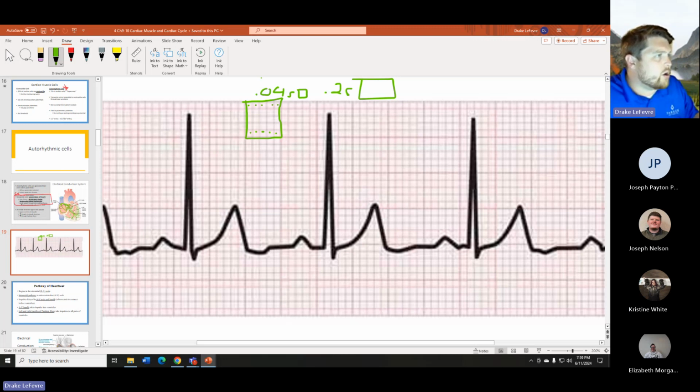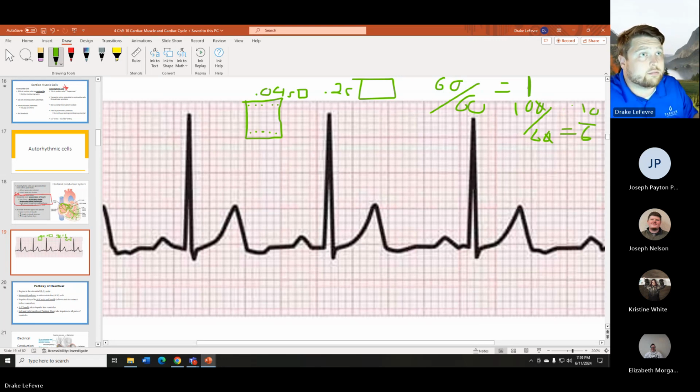So like normal sinus rhythm, if you think 60 divided by a minute, 60 equals 1 second per beat, and then 100 divided by 60 gives us 10/6, which is 1.8-ish, something like that.